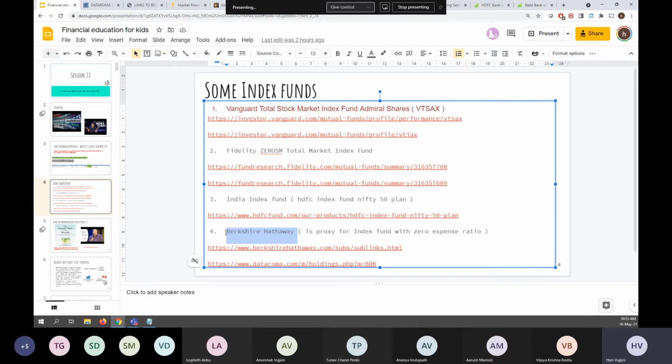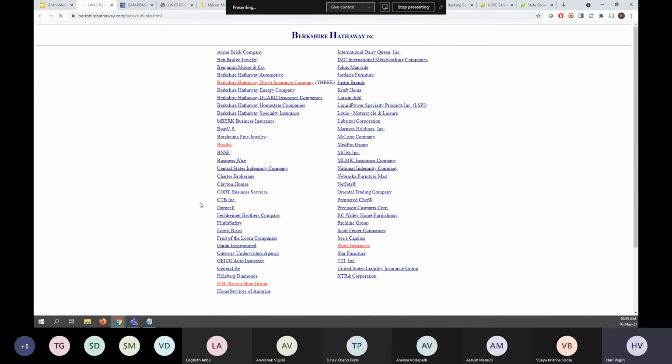You probably have heard of this guy Warren Buffett, one of the richest men in the world, and he is running this company called Berkshire Hathaway. I've given the links here. Berkshire Hathaway owns these 80 plus companies, and they are 100% owners of them.